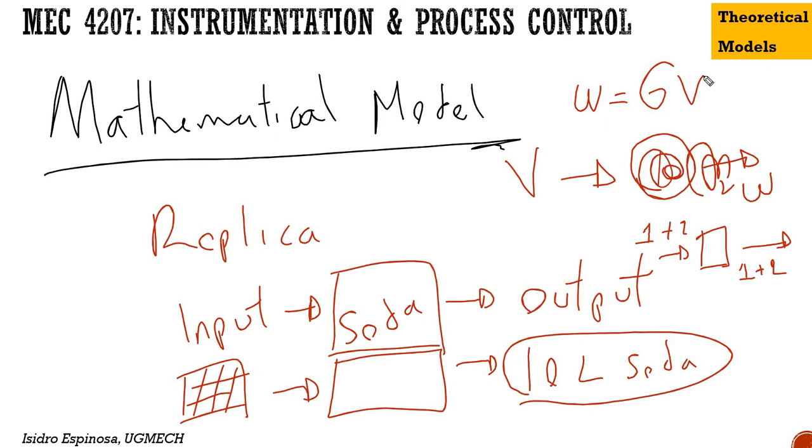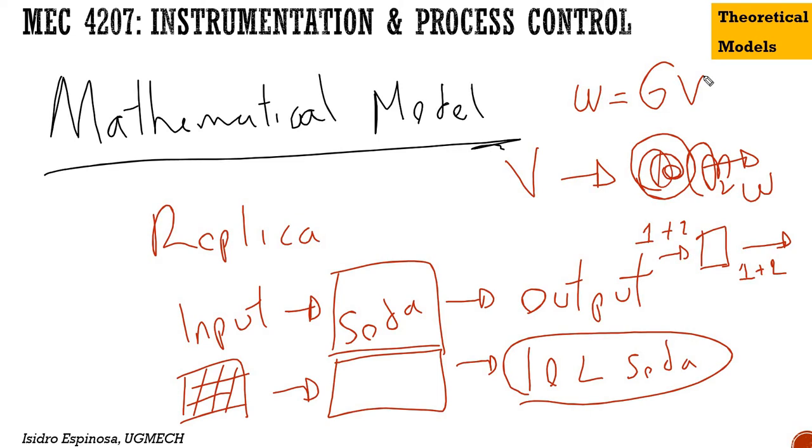So the relationship is just the relationship between the voltage and the speed when the system has time to settle down after any change in the input, which refers to what are called steady state conditions.